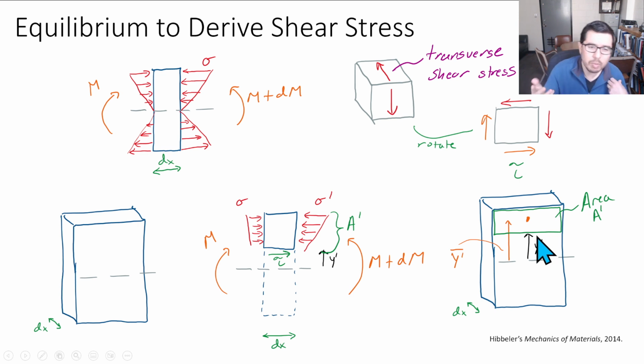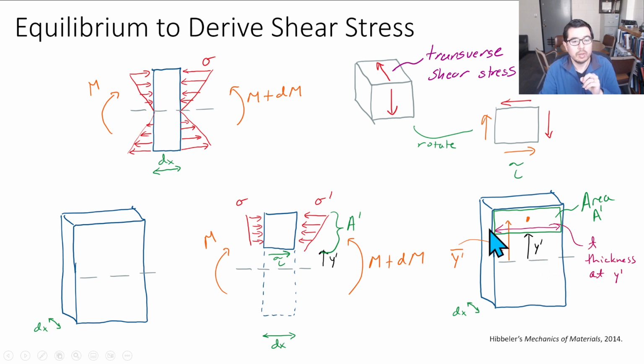What we're essentially trying to do here, and this is an important point, is figure out how the shear stress depends on its distance from the neutral axis. And what is the distance from the neutral axis? It's Y prime. So this A prime is going to change as Y prime changes. The distance to the centroid of this area is going to change as a function of Y prime. And as we do the math, it'll become more apparent.